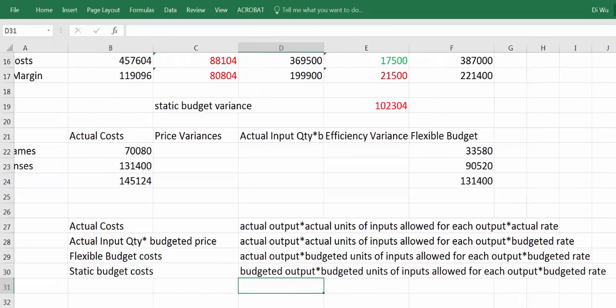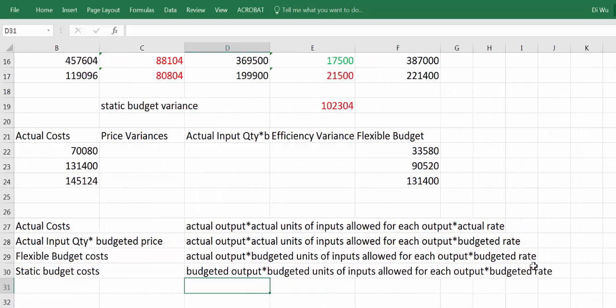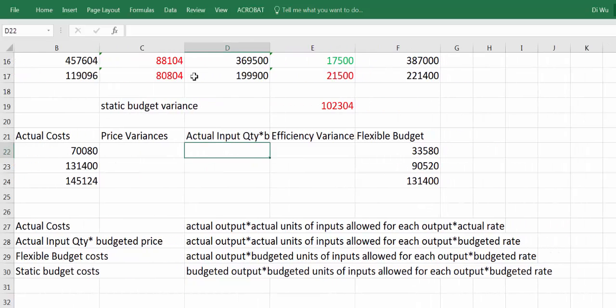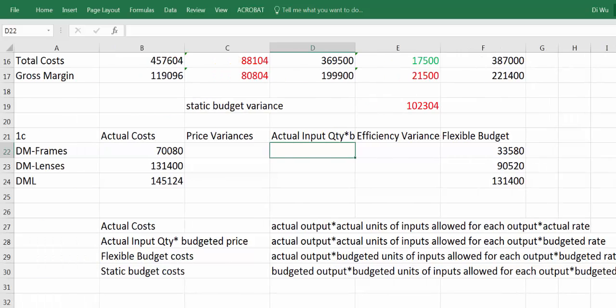I know that we're running out of space here, but that's how you get all these elements and find all their values. So let's go ahead and find the first, DM frames. The actual output is easy, 7,300. Then let's find the actual units of inputs allowed for each output.